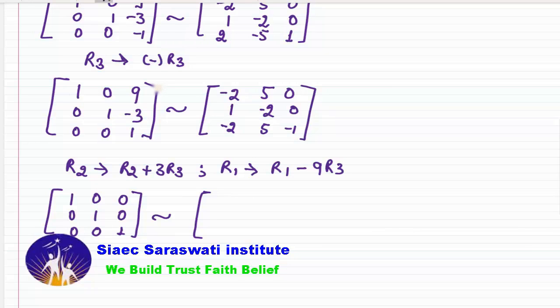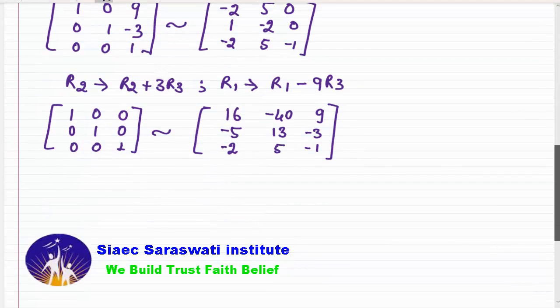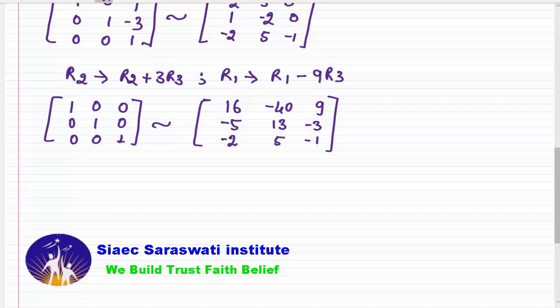So it will be 16, then minus 40, 9, minus 5, 13, minus 3, minus 2, 5, minus 1. So this is the final equivalent of I. As you know, again it became the I.